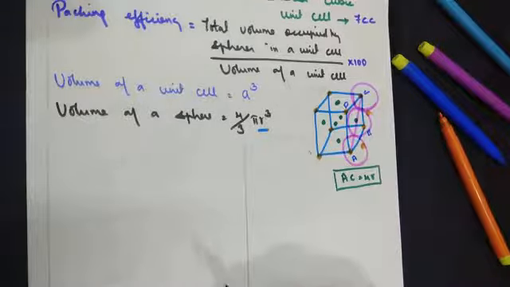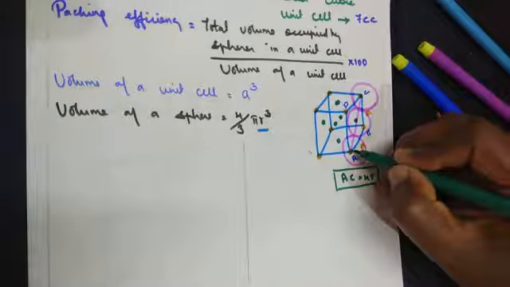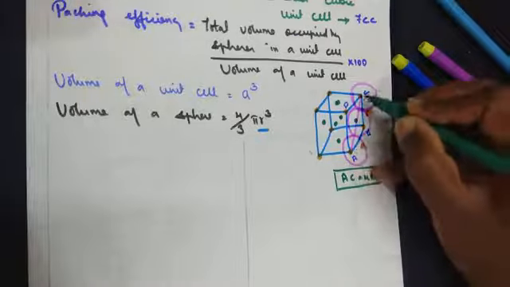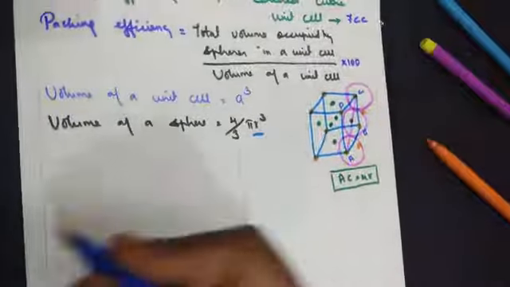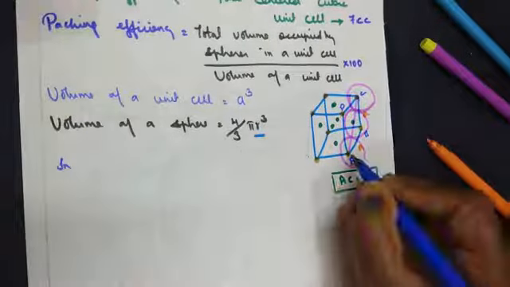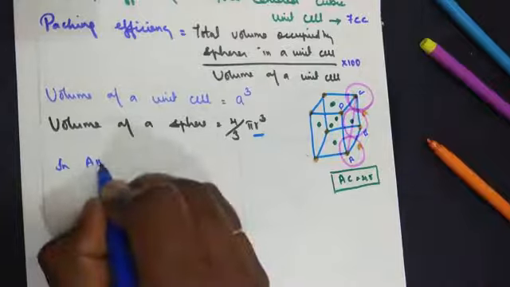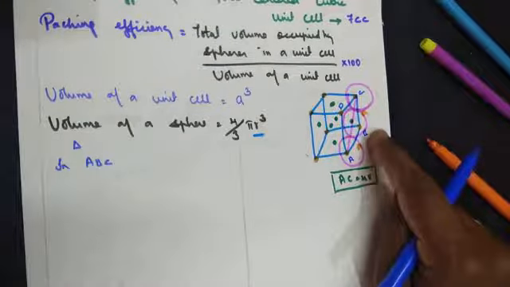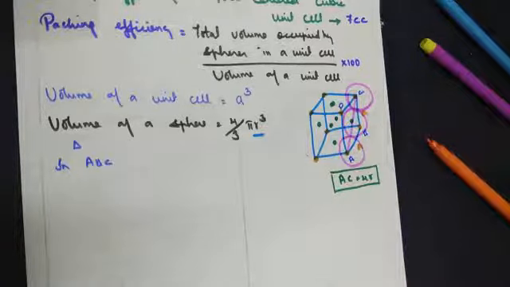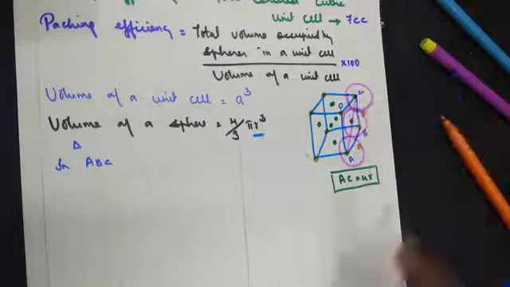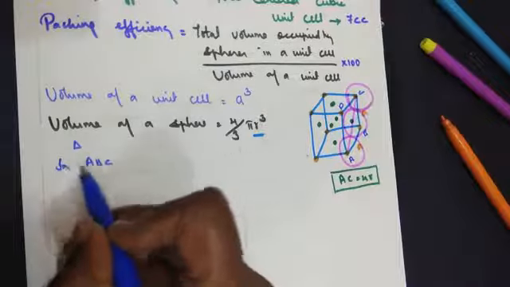So as we have seen in the previous packing efficiency calculation, let's consider the triangle, that's a right angled triangle that is present, ABC. In the right angled triangle ABC, making use of the Pythagoras theorem, let's calculate the value of the hypotenuse, that is AC. So what is it according to Pythagoras theorem?